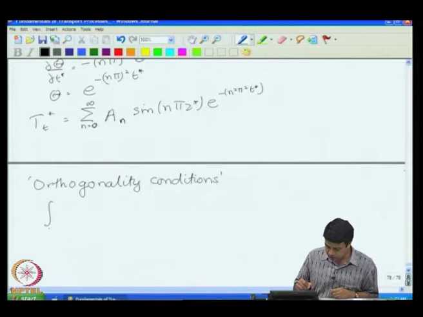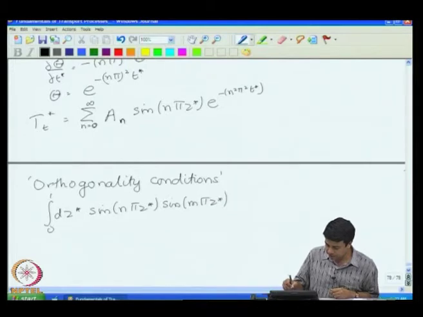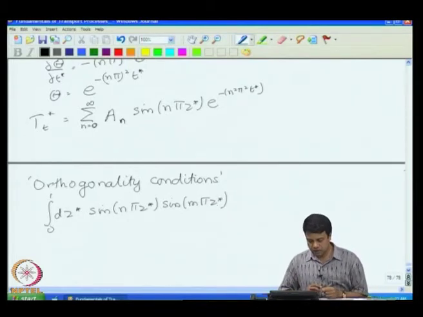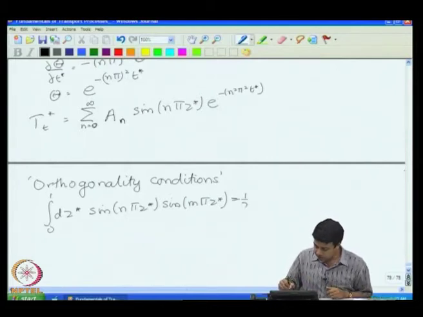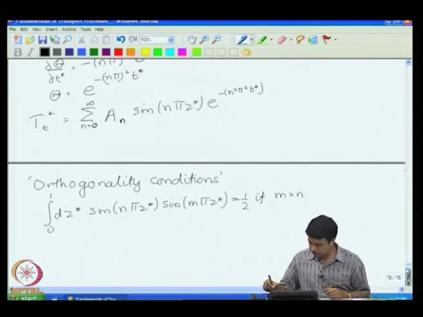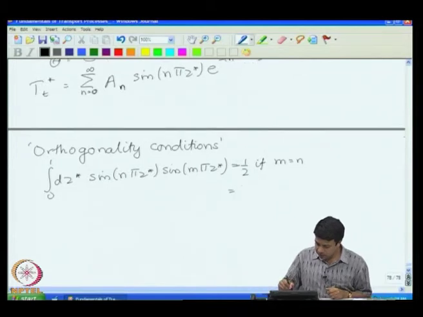If I take integral 0 to 1 dz star sine of n pi z star sine of m pi z star, so if I just take two functions sine of n pi z star and sine of m pi z star and integrate from 0 to 1, this is equal to 1 by 2 if m is equal to n, and equal to 0 if m is not equal to n.